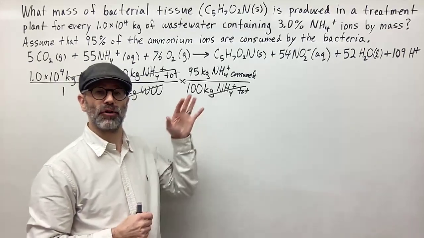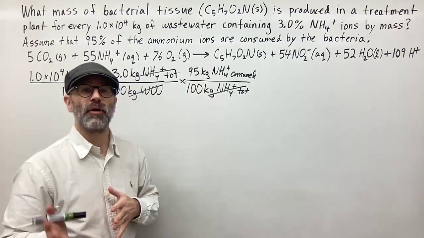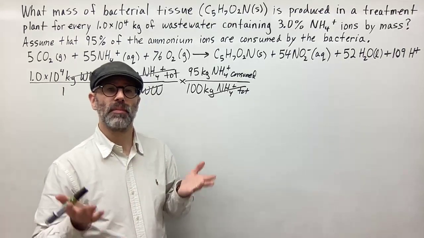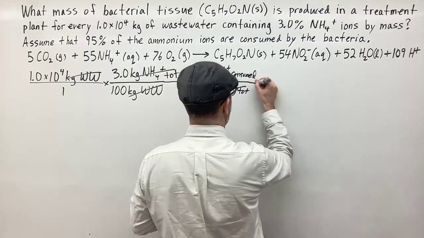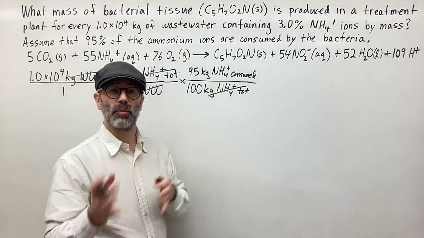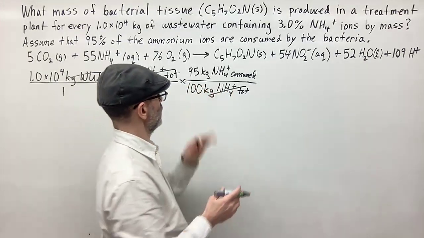Now we want to convert that to moles. We have kilograms. In order to convert from mass to moles, we need to use the molar mass. And so we need the mass in grams, because molar mass is grams per mole. So in order to use molar mass, we need our unit of mass in grams.